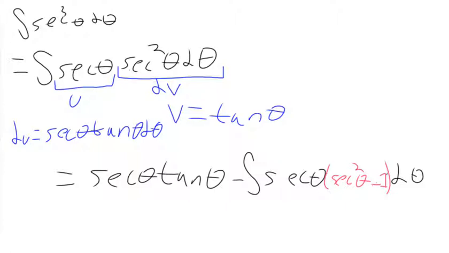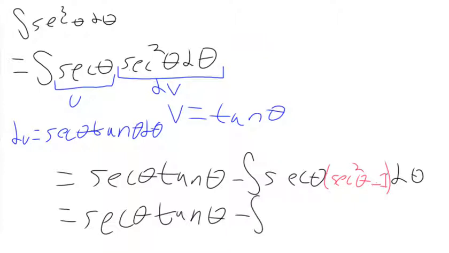And now I'm going to expand this again, so I have secant theta tangent theta minus, so the first one is going to be minus the integral of secant cubed theta, and I'm going to close this integral, and then I have this times this for the second integral, but don't forget this negative on the front, so it's going to become plus integral of secant theta d theta.